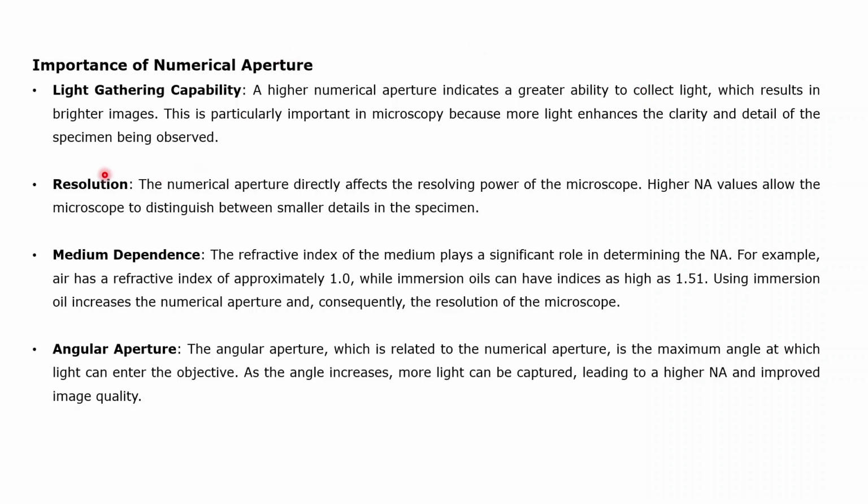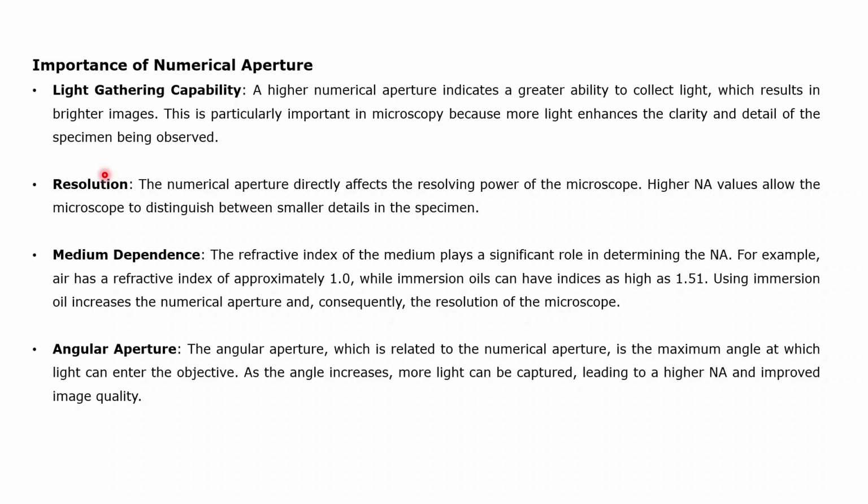And next is the resolution. Basically, if you look into a sample, you can see that if you look at two different points that are close to each other, then a good microscope should have the ability to resolve those 2 points at that specific distance itself. Sometimes if it is not clear, then chances are that it will get blurred, and you will see the 2 points together.